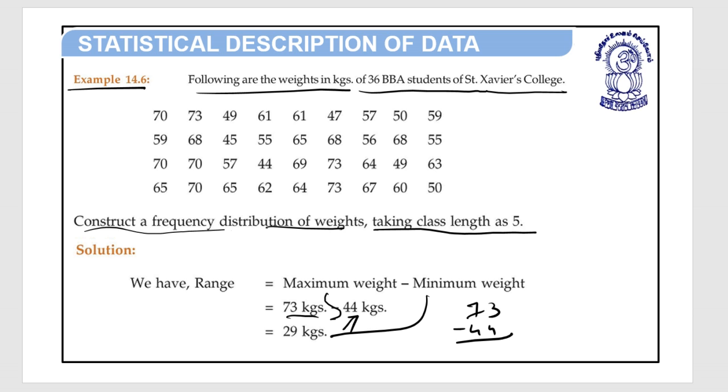The maximum weight is 73, and the minimum weight is 44. So 73 minus 44 is 29 kgs.